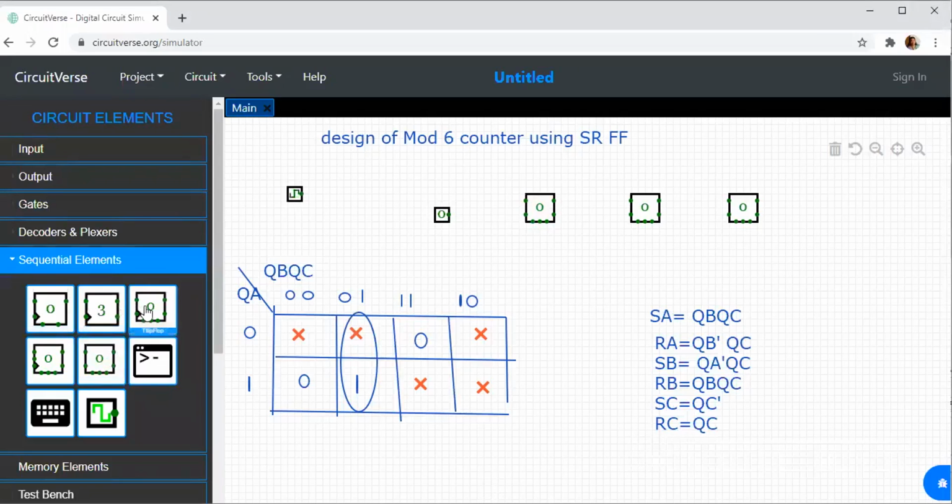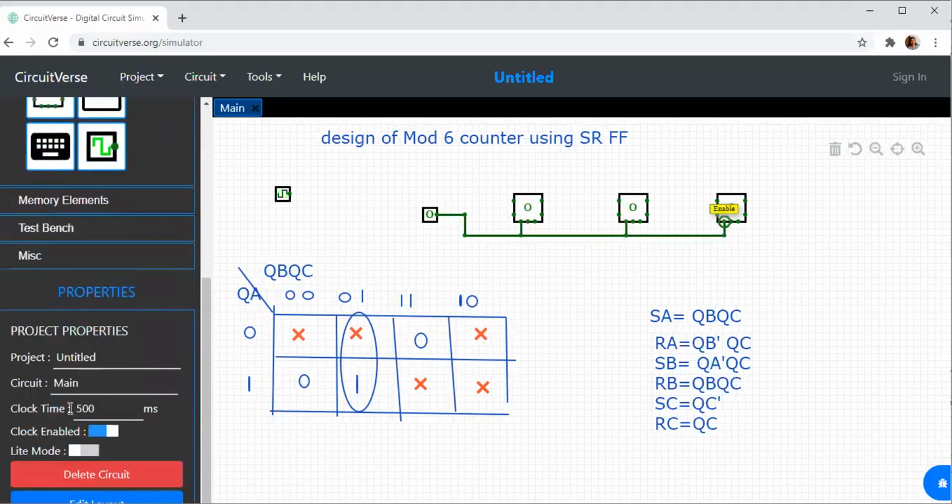D flip flop, D latch, D flip flop, JK flip flop. Actually, it is given as SR flip flop, but I don't have a clock over here. Anyhow, I will enable it over here. This is the clock. It should be connected to clock.